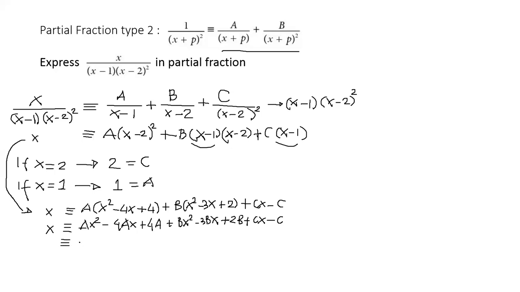Identical to, now we're going to factorize: a plus b times x squared, ax squared and bx squared. And next for x, plus negative 4a, afterwards negative 3b, and then plus c, times x.